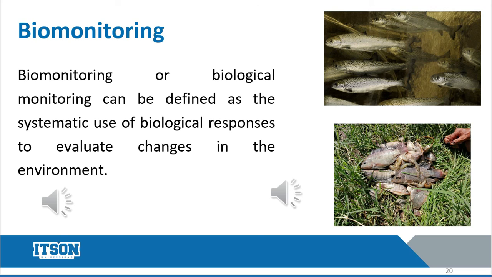Fish can be considered suitable organisms for biomonitoring studies as they are sensitive to changes in the aquatic environment. Their biological responses change even at low levels of pollution. Fish can be found virtually everywhere in the aquatic environment, and they play a major ecological role in aquatic food webs as carriers of energy from lower to higher trophic levels.